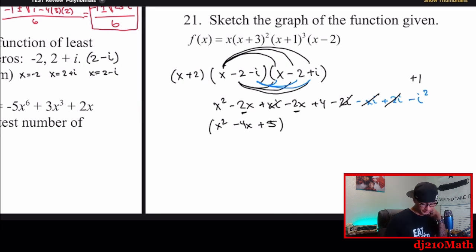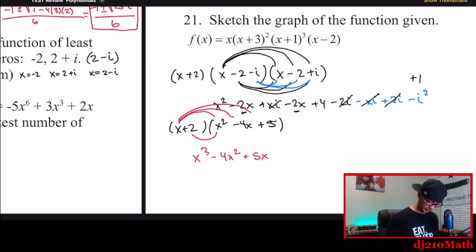All right, this is going to be times x plus 2. Distribute everything. x cubed minus 4x squared plus 5x plus 2x squared minus 8x plus 10.